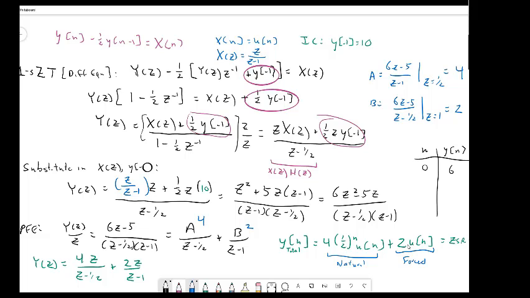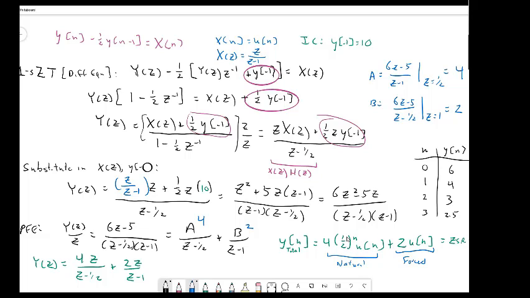For n equals 1, we get 4 times 1/2, which is 2, added to 2, giving us 4. For n equals 2, 1/2 squared is a quarter, times 4 is 1, plus 2 gives us 3. And just to round out, if we put 3 in, we would get 2.5.